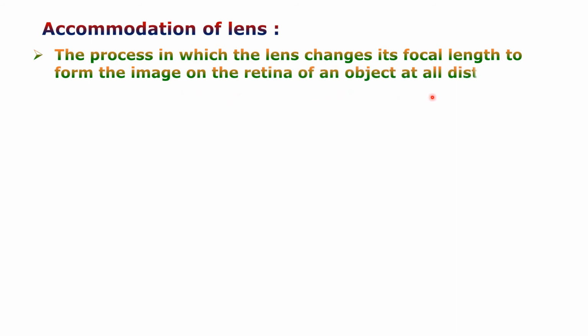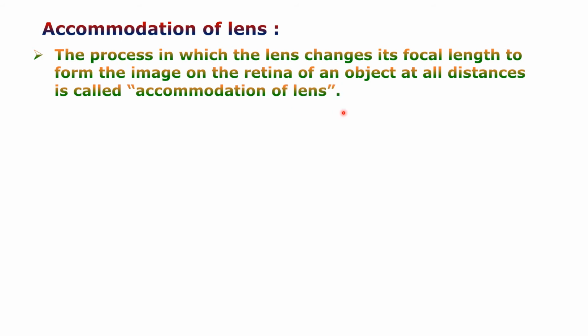So the process in which the lens changes its focal length to form the image on the retina of an object at all distances is called accommodation of lens. The eye lens will adjust its focal length with the help of ciliary muscles.